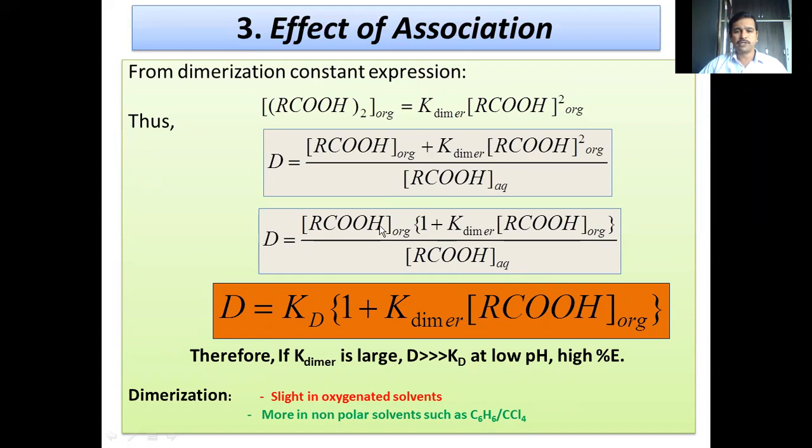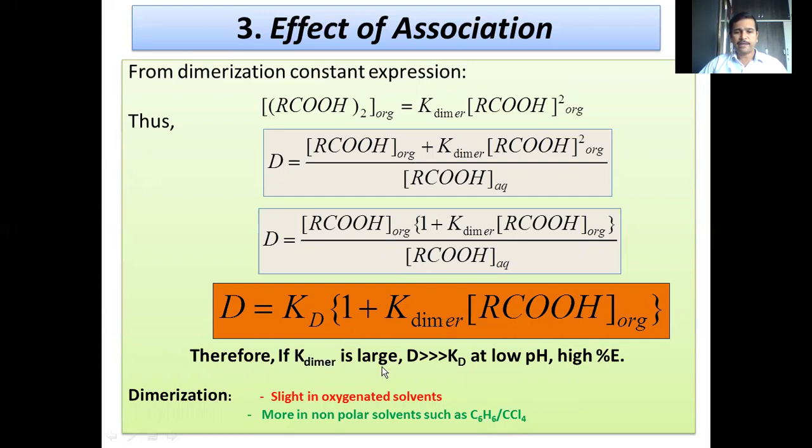You know the ratio of these two, the RCOOH concentration in the organic phase divided by the RCOOH concentration in the aqueous phase, that is KD, times 1 plus K dimer times the concentration of RCOOH in the organic phase, right? Okay, if you see this particular equation, K dimer is the deciding factor.